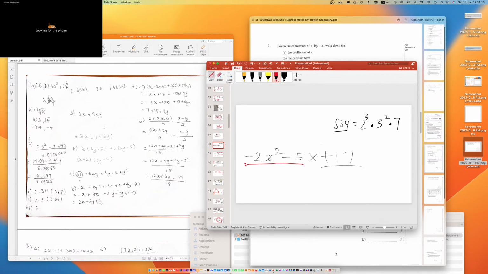You understand? So that's why I asked you to circle the x term first. The x term includes the minus sign. Then you circle what is in front of x, inside the circle, so you will not go wrong. That's the way.